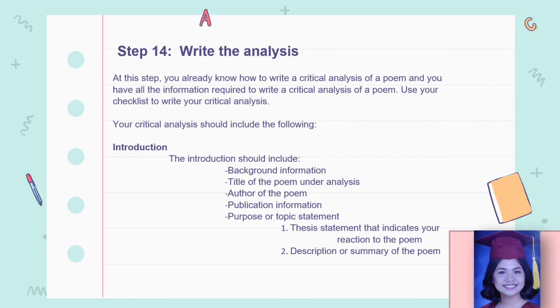Your critical analysis should include the following, and the introduction should include background information, title of the poem under analysis, author or authors of the poem, publication information, and purpose or topic statement. Under this, number 1 is the thesis statement that indicates your reaction to the poem. Number 2 under it is the description or summary of the poem.